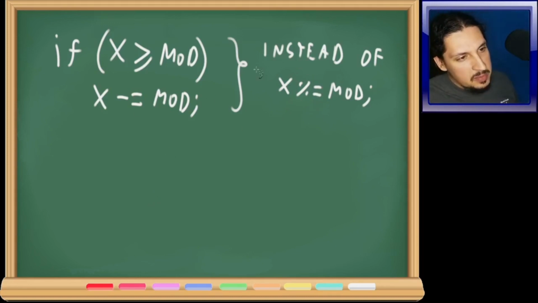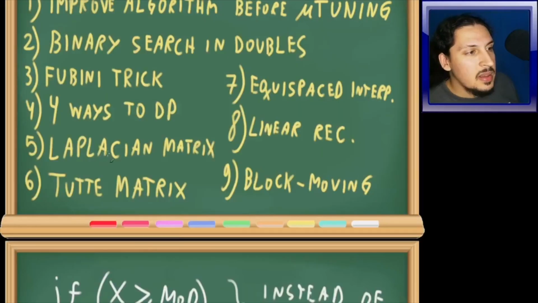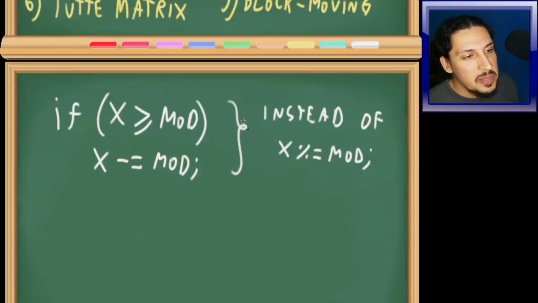This might be much cheaper especially when the modulus is not a constant but unknown, because then division is much more expensive. This is the kind of thing I mean by micro-tuning.